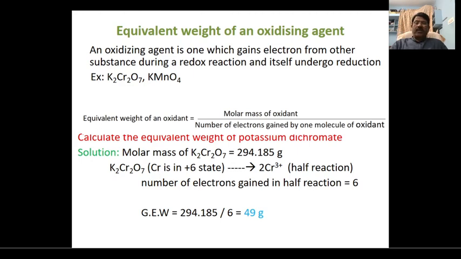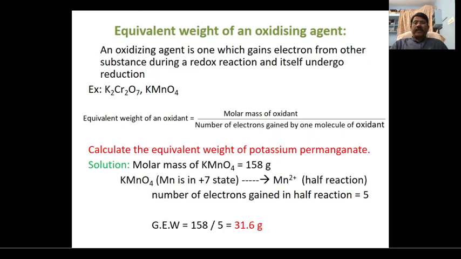After the reaction, it attains chromium 3 plus ion, which is called a half reaction. There are 2 chromium ions. As a result, totally the number of electrons gained in half reaction is 6. Then gram equivalent weight of potassium dichromate is equal to molecular weight divided by 6, that is 294.185 divided by 6, which is equal to 49. In same way, equivalent weight of an oxidizing agent we can calculate.